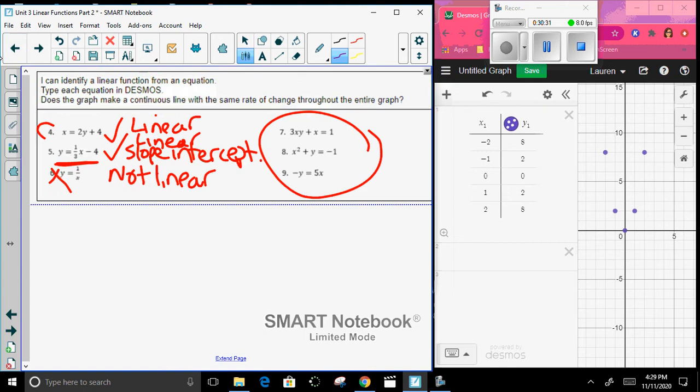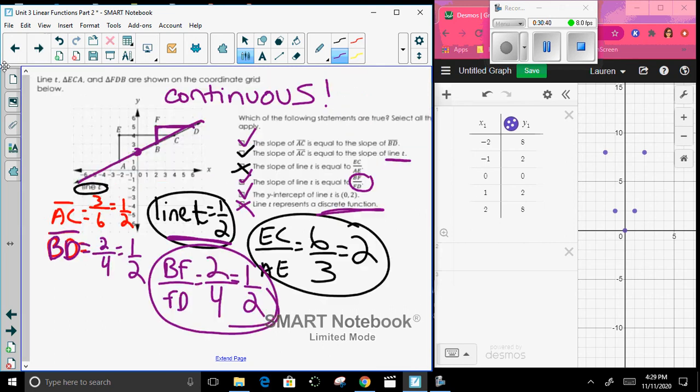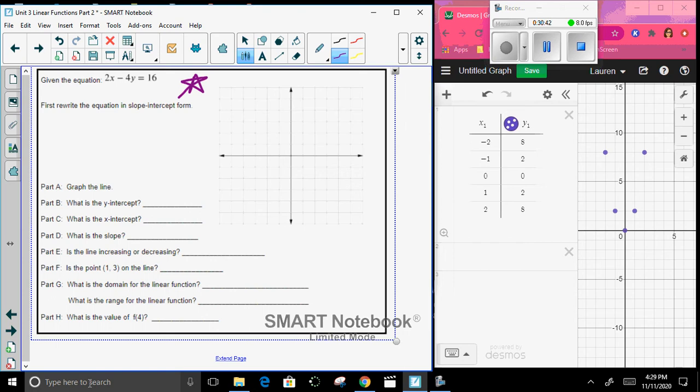And then you had to do 7, 8, and 9. So y'all have what, 5, 6 questions? Yes, this last one is a little bit longer, but remember, you're using your Desmos calculator, but first it wants you to rewrite the equation in slope-intercept form. So first you have to do a little bit of work, put that work right there, and then you can use Desmos for the rest.